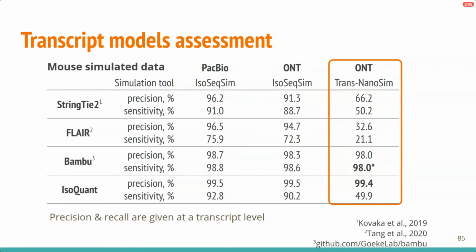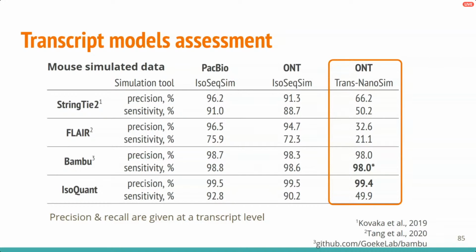And why is that? The thing is, Bambu uses a different strategy in comparison to all other three tools. StringTie2, Flare, and IsoQuant try to report a transcript only if they see a confirmation that this transcript appears within reads.